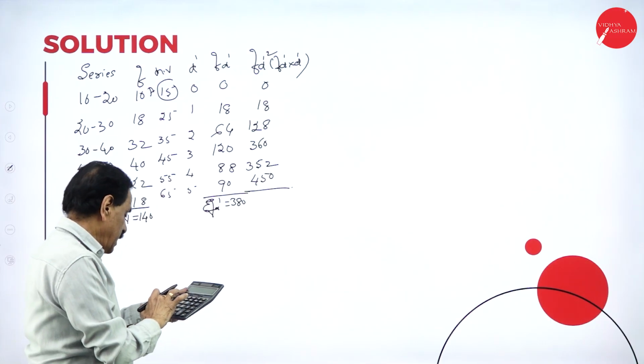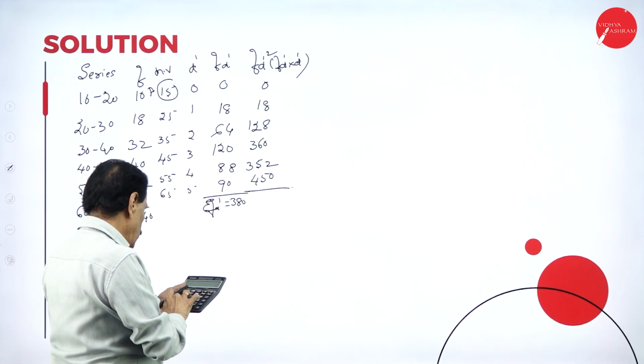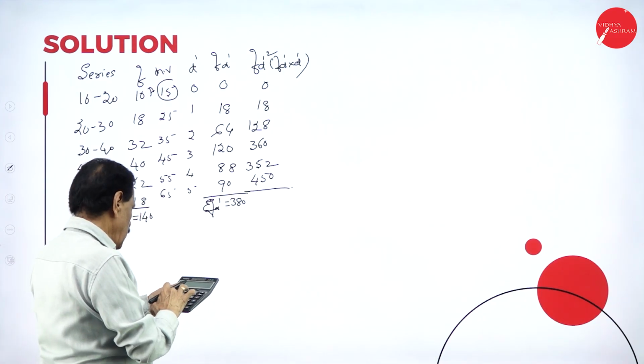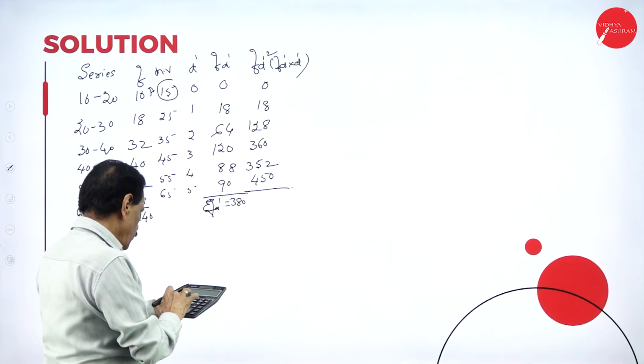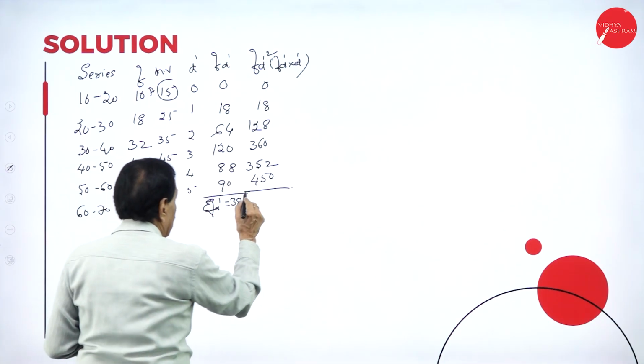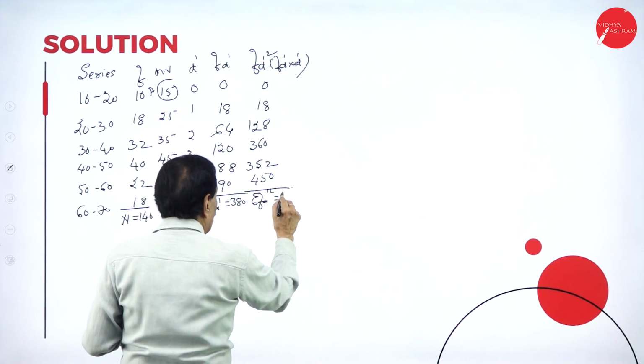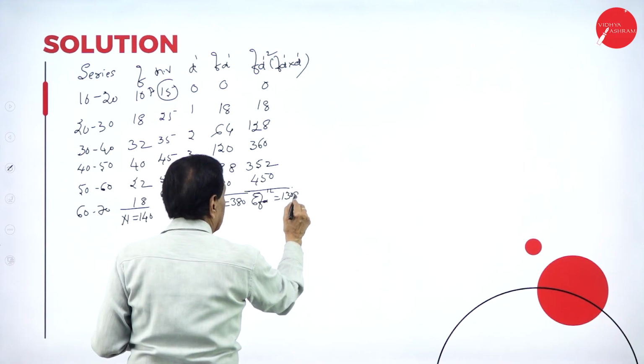Add 18 plus 128 plus 360 plus 352 plus 450. Sigma f d dash square is equal to 1308.